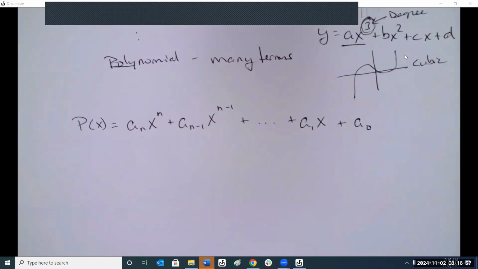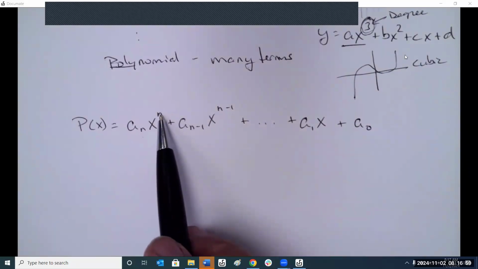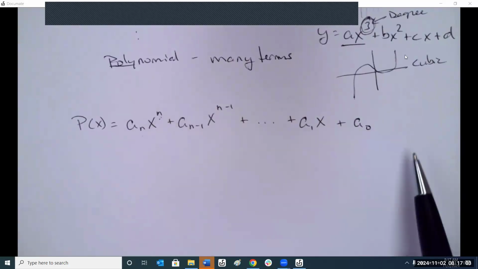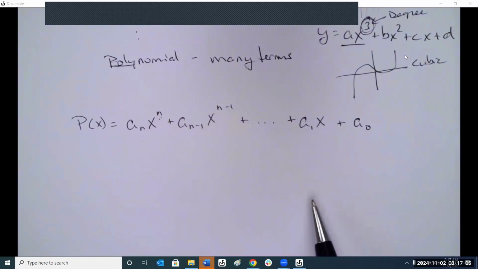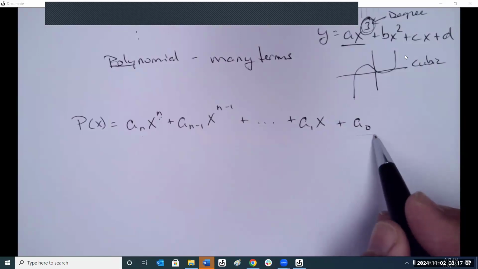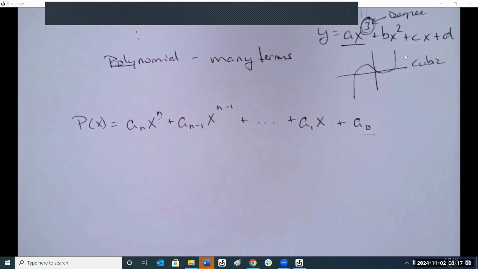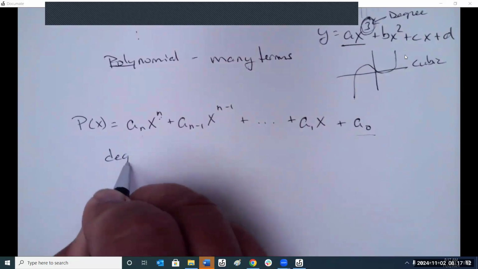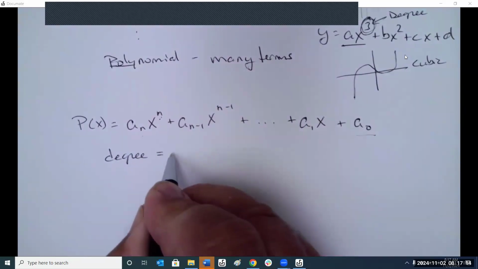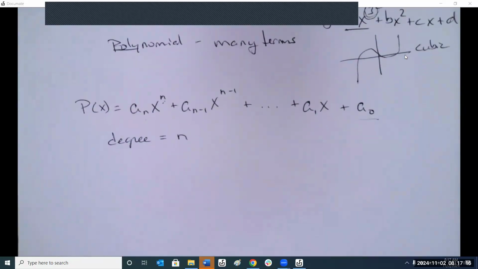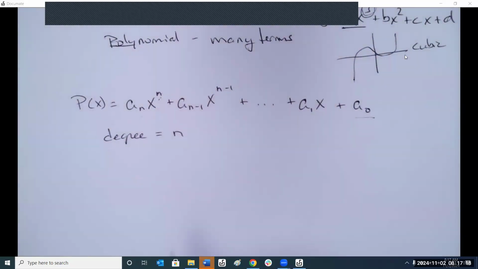Basically, what the degree tells us is, if you look at this, the number of x's is one less than the number of a's, because there's no x on this one. The degree is whatever n is, the largest exponent.